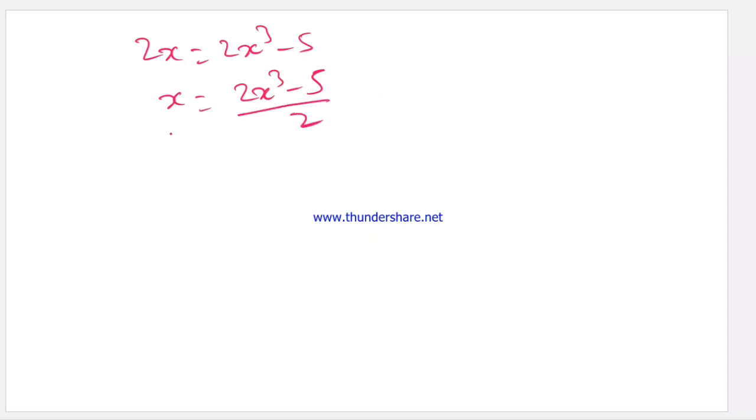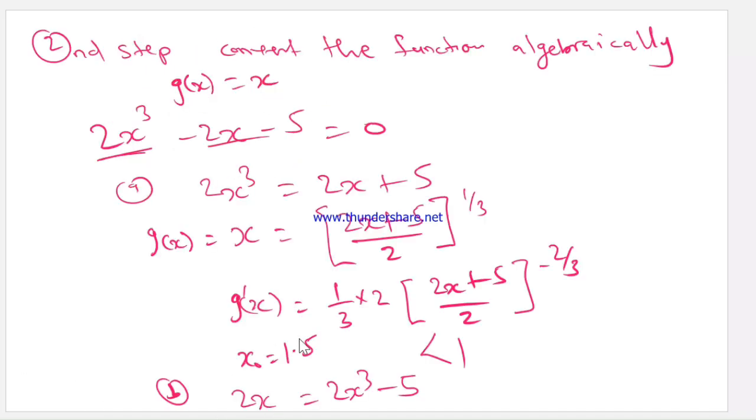When you substitute this, our new g of x, when you differentiate that and you substitute the x naught, you will realize that our absolute value is greater than 1, which doesn't satisfy our condition. So therefore, we go for this option, and that is what we use. That's our g of x, (2x plus 5) over 2, raised to power 1/3.